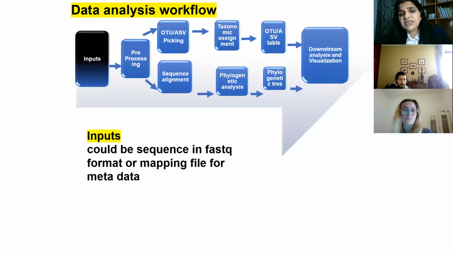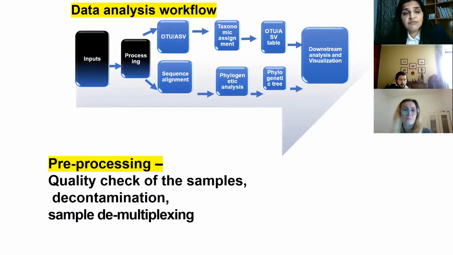So we'll input the data as a FASTQ, or maybe the mapping file as it is, to the software. And then the first step here, before we go with this data analysis, is quality check of the samples, decontamination, and sample demultiplexing.